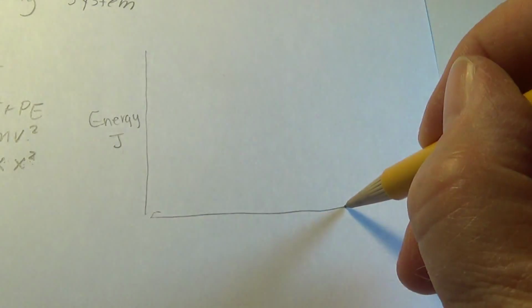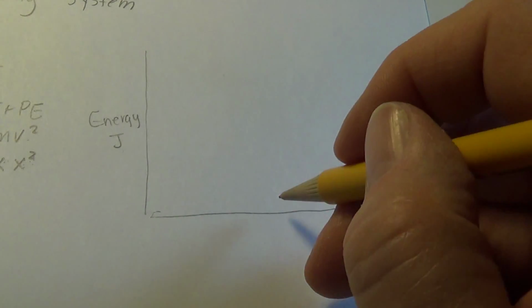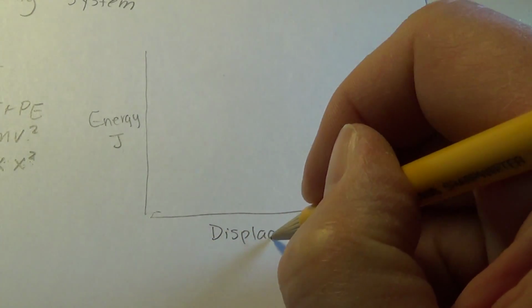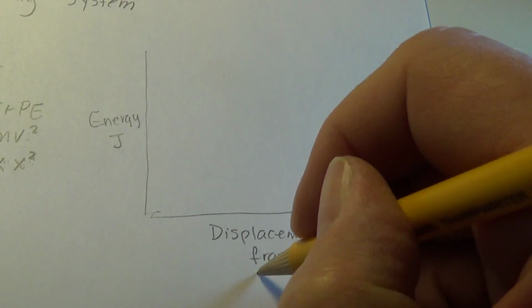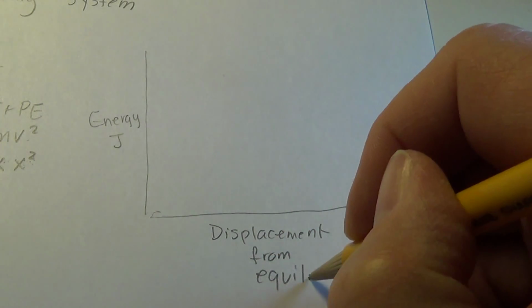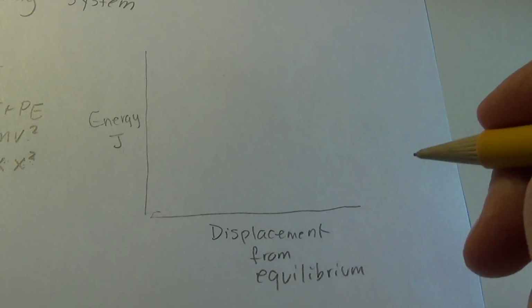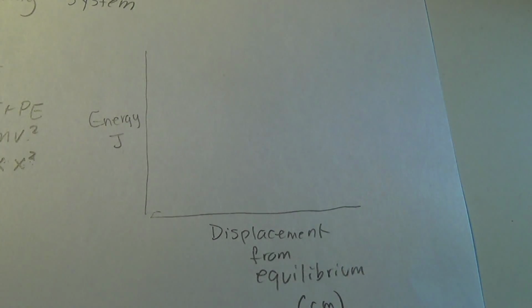And along the horizontal axis, I am going to do the distance, we call it displacement, from equilibrium. So that'll probably be in, we'll say, centimeters for our purposes here.